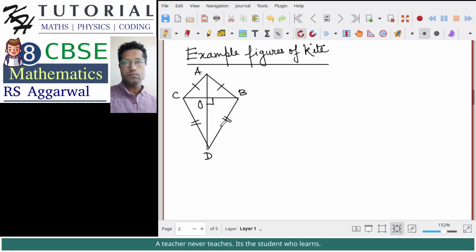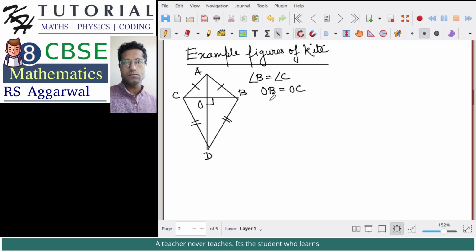And for this kite, we will have angle B equal to angle C, and OB is equal to OC, since the diagonal BC is connecting the pair of equal opposite angles B and C. So that diagonal BC will be bisected at the point by the other diagonal.